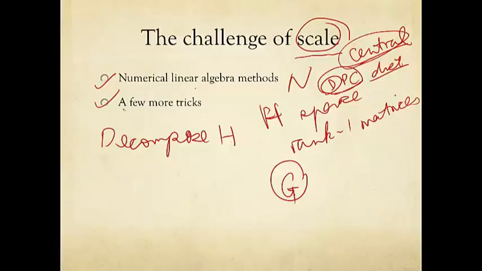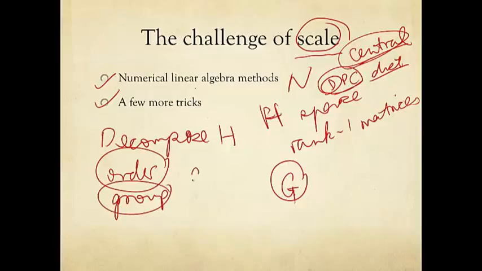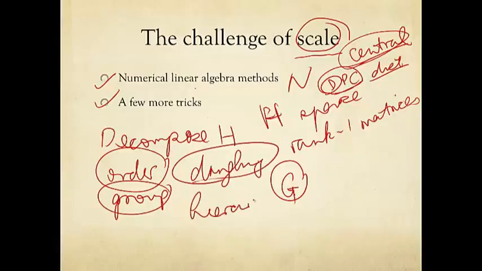There are also a few more tricks. For example, it's only the order that matters, so don't worry too much about converging on the scale of the importance scores. Certain web pages can be grouped together. The dangling nodes can be treated separately, and you may also have a hierarchy.